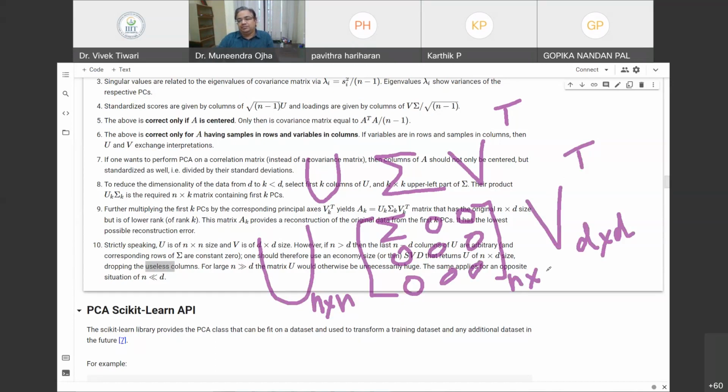To match it with n by d, unnecessarily we need to add so many zeros.